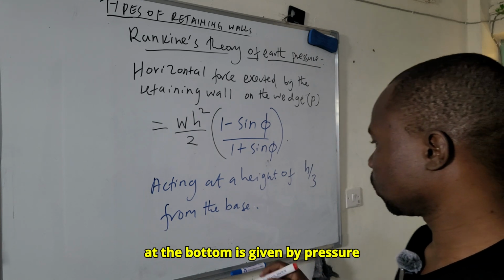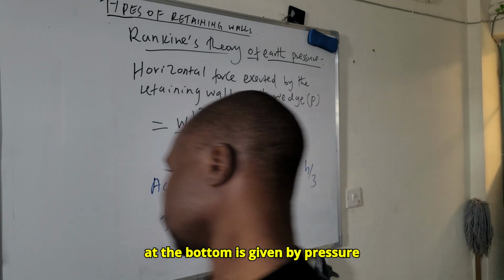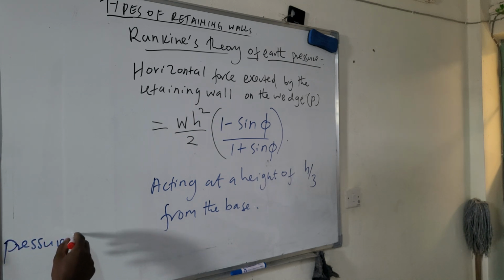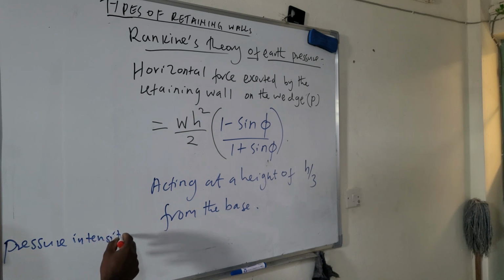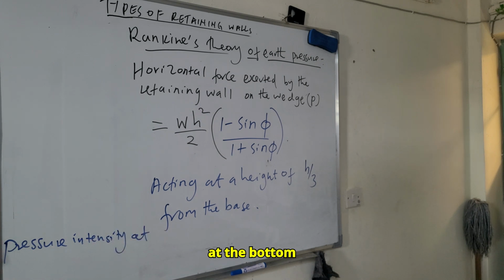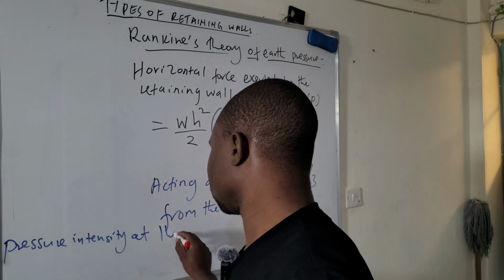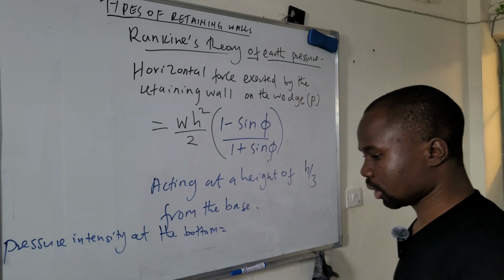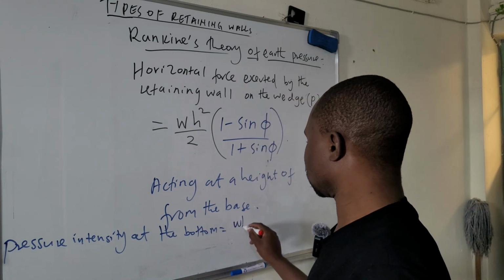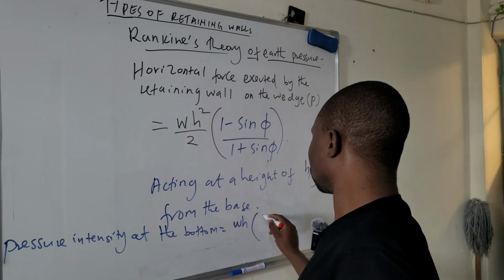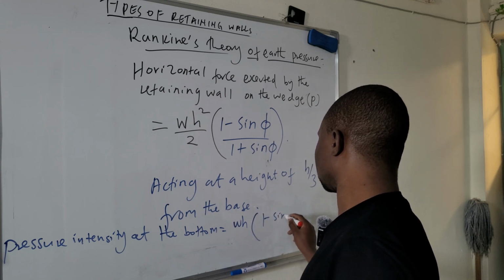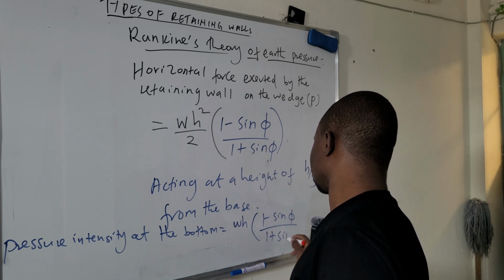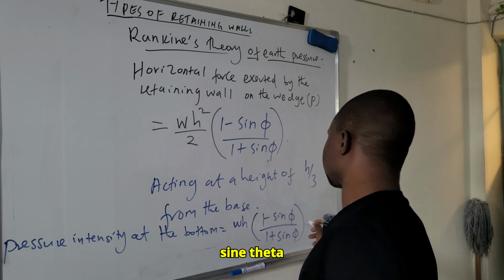So the pressure intensity at the bottom is given by WH into 1 minus sine theta over 1 plus sine theta.